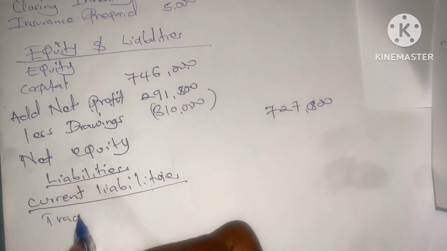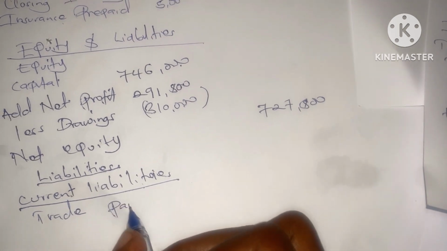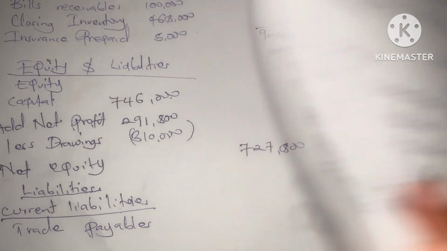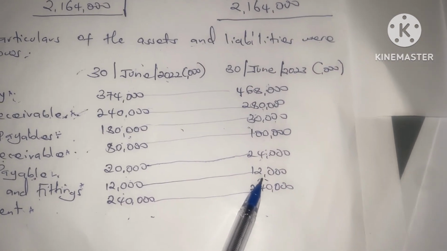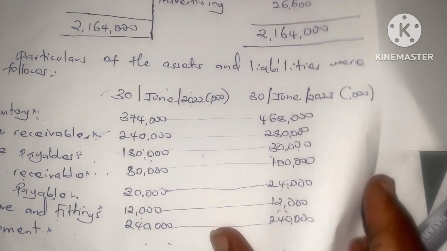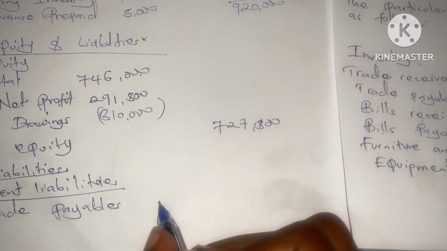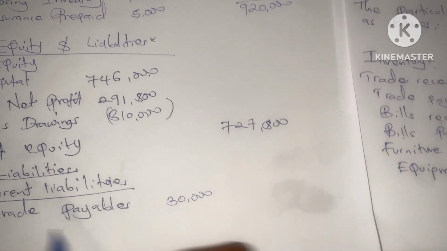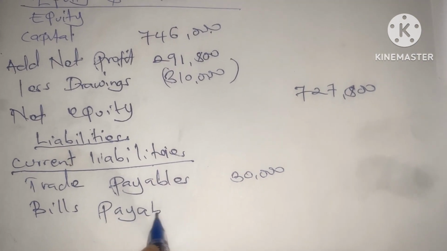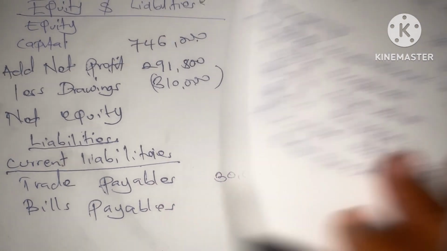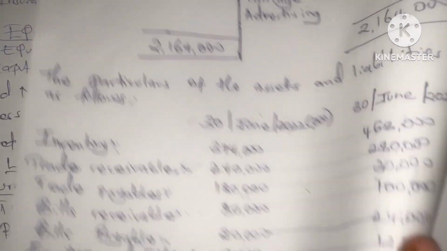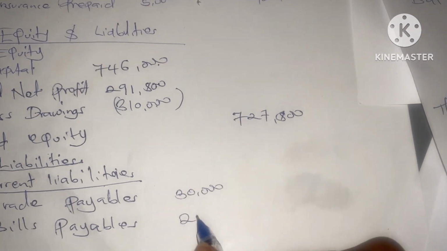We have trade payables. I told you in the balance sheet we only write the closing figures. So trade payables, this 30,000 is what we write. Then bills payables, the closing figure is 24,000. That's what you write here.